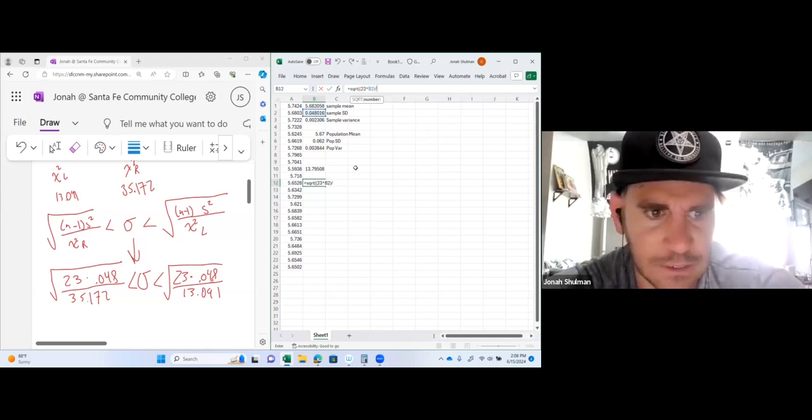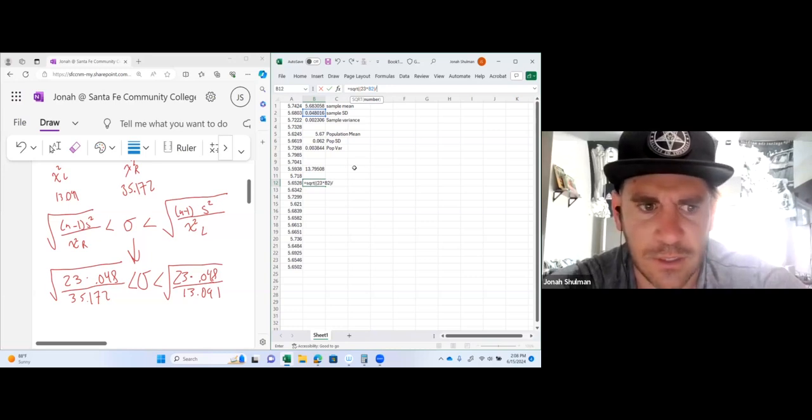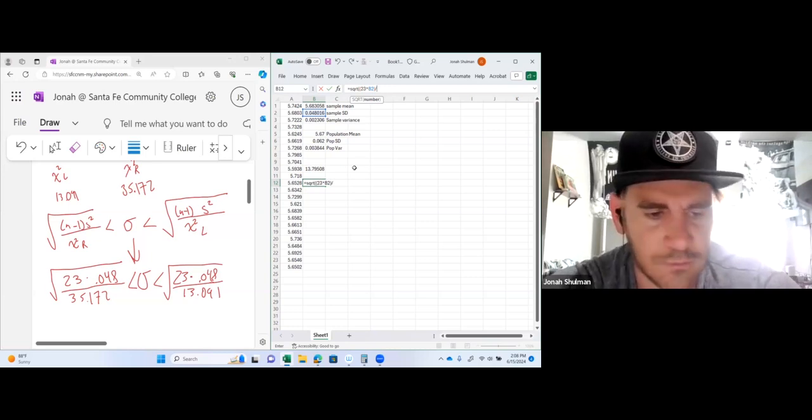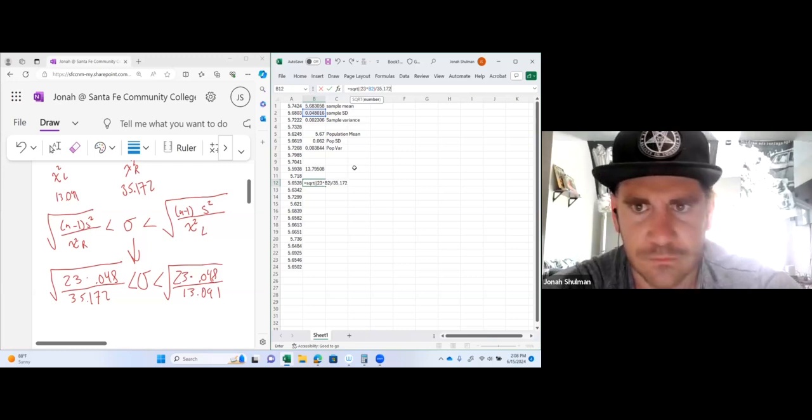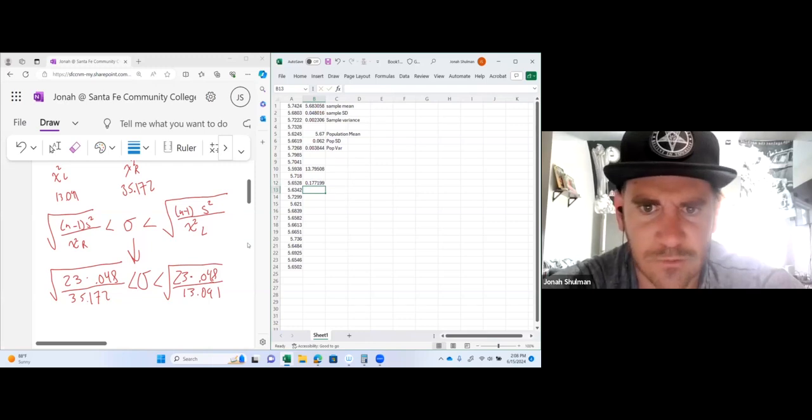And I just have to divide this by the value we got from the chart, so 35.172. And parentheses, we're good. So here's the first one.